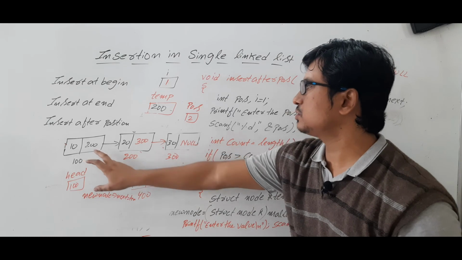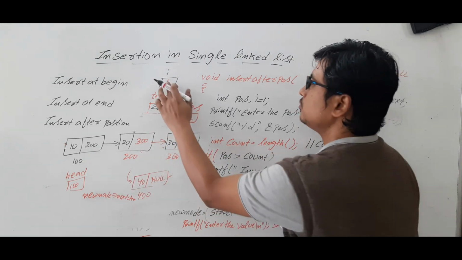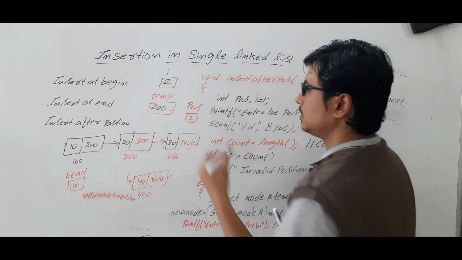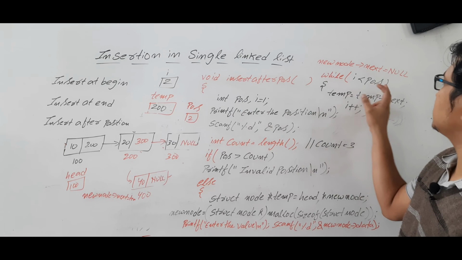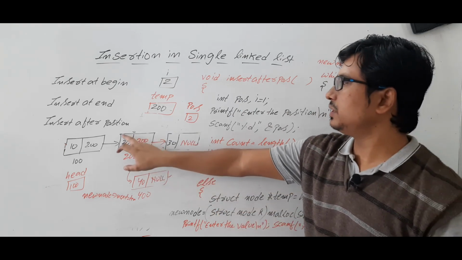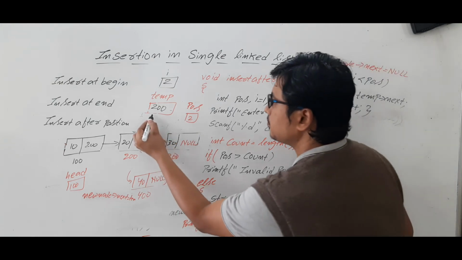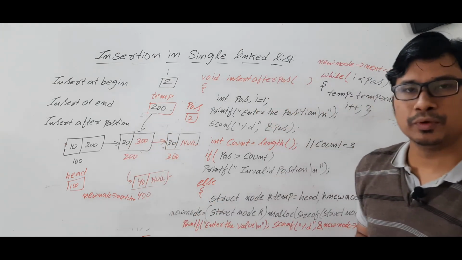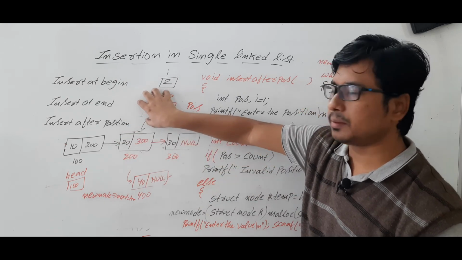So i++, now the i value will become 2. Then 2 less than 2? No, that is false. Now temp is pointing here. I hope you are able to understand, because I need to traverse up to here only. This temp should point here.